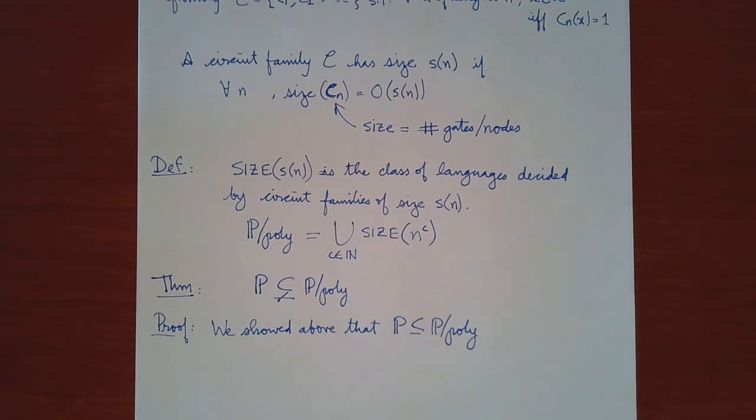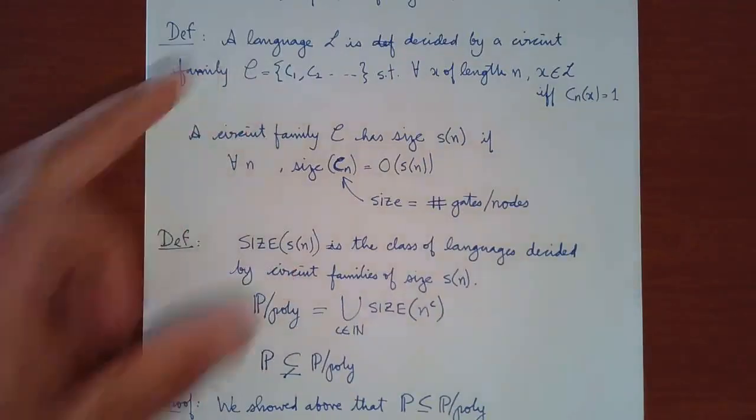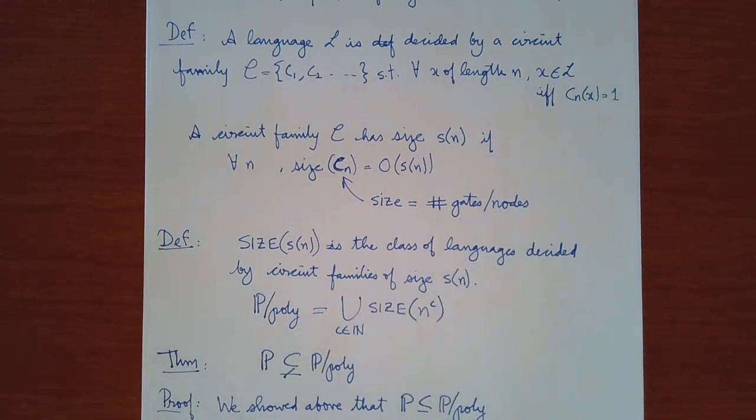Let me phrase this question differently. For any function whatsoever, can you come up with a circuit family that computes it? Seems like you might not be able to do something like the busy beaver function. Maybe you can, if you knew what the numbers were.